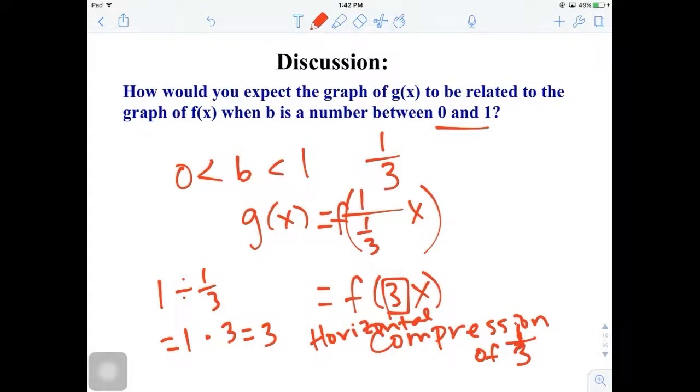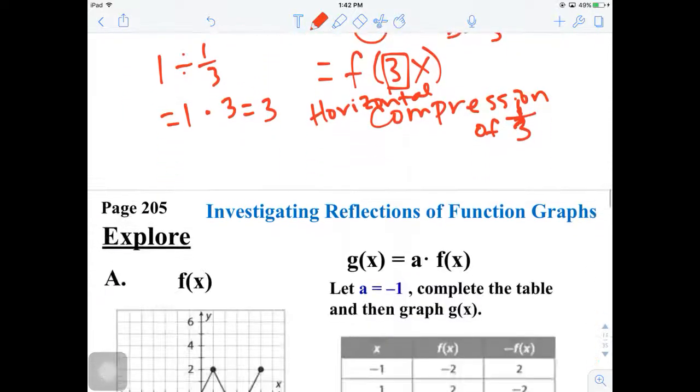So 1/3 is actually b in this case. So b equals 1/3. And that's going to cause the graph to be horizontally compressed. So instead of looking maybe like this, it's going to be like this. It's compressed. So it's going to be all crunched together horizontally. And that is the end of the lesson.